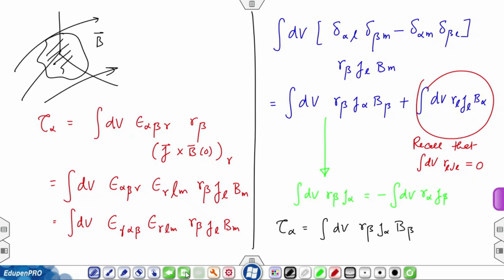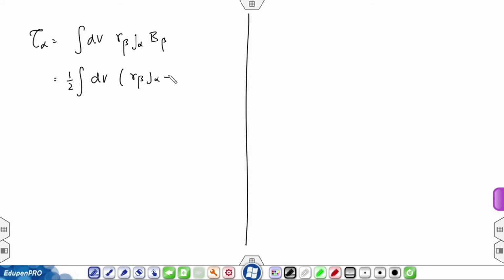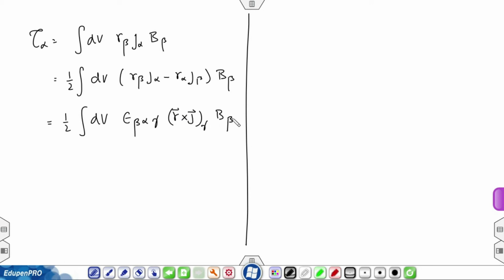which I can write now as tau alpha is equal to integration dV r beta j alpha B beta, equal to integration dV 1/2 (r beta j alpha minus r alpha j beta) B beta, which is 1/2 integration dV epsilon beta alpha gamma (r cross j) gamma component B beta.